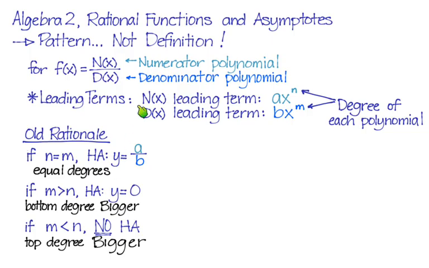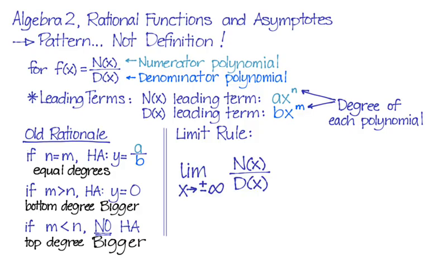When we examine this pattern and we look at our limit definition, we create a pattern and the limit rule. Whenever you have a rational function, a polynomial in the numerator and a polynomial in the denominator, we can use the limit definition. Remember, what we did is we only looked at the leading terms, the ax to the n and the bx to the m.